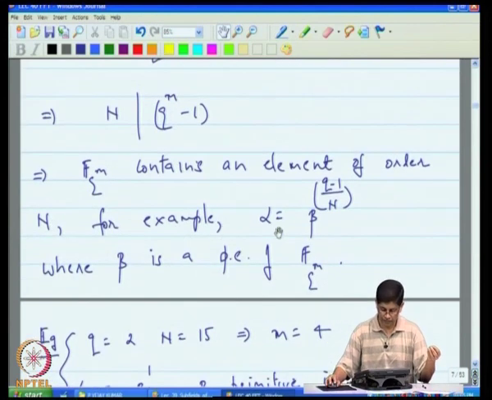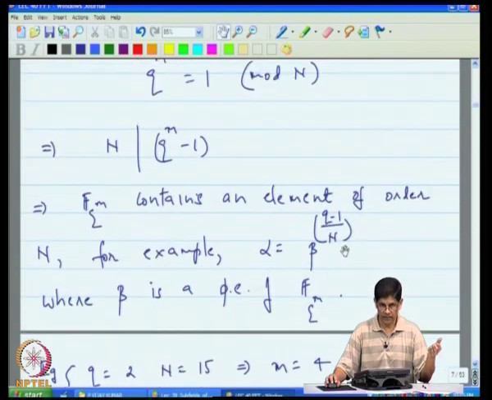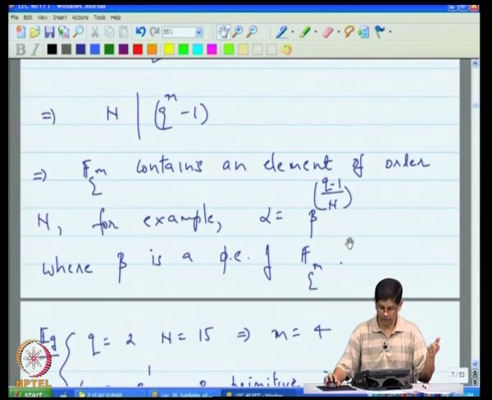Well, because let us say that beta is a primitive element of this finite field, then the order of beta is q^m minus 1. So, if you raise beta to the power (q^m minus 1) by n, then this element alpha will actually have order n. Okay. So, that is the reason for actually working this hard.